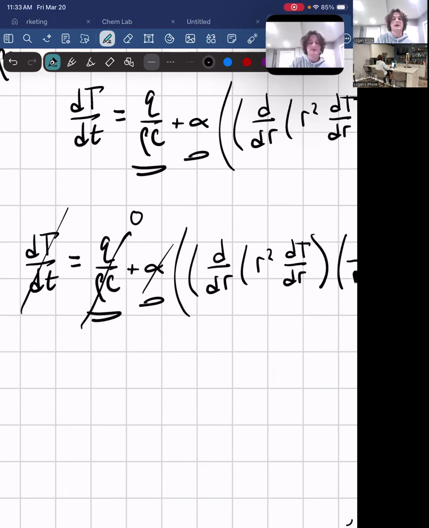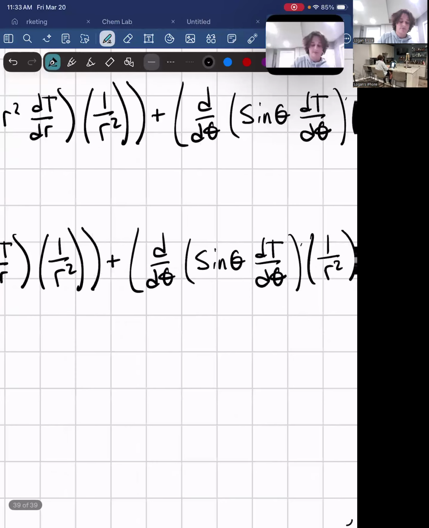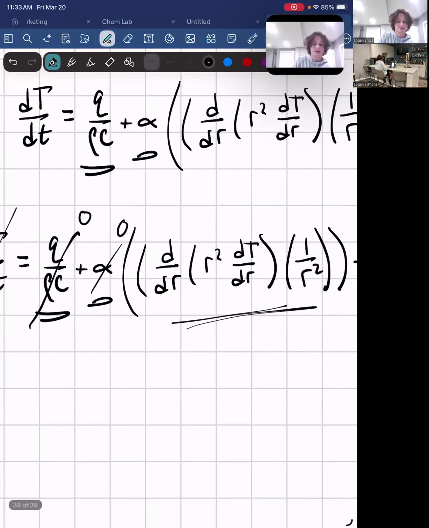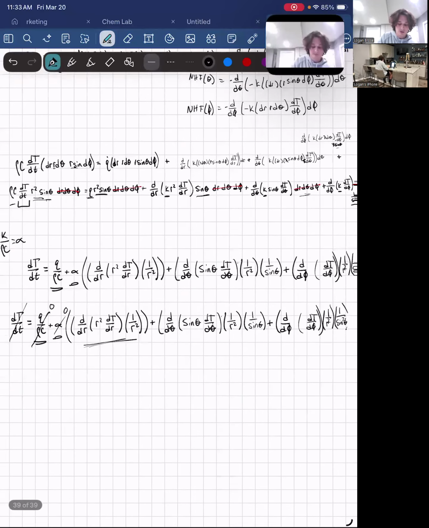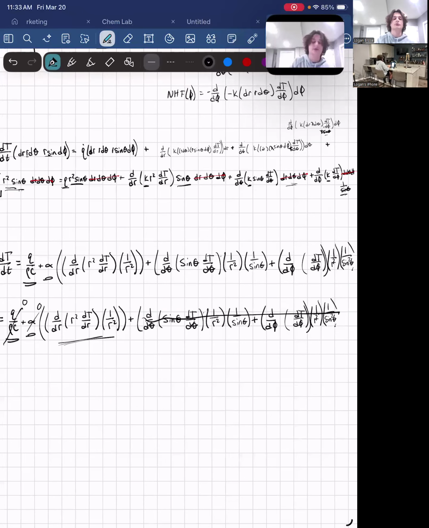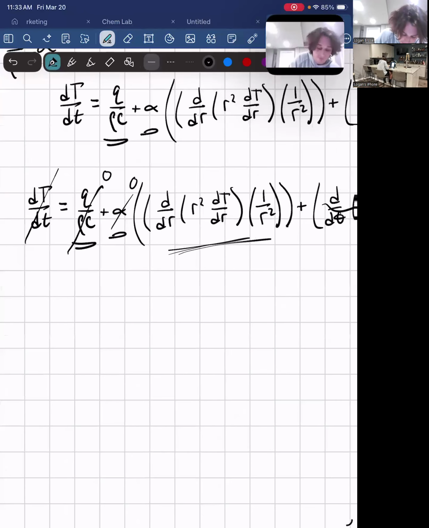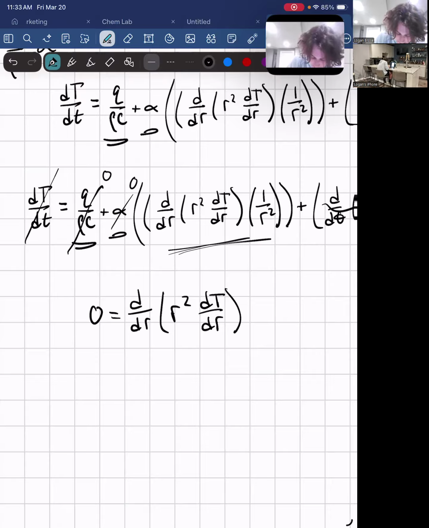Thermal diffusivity is going to be constant. And then focusing on the radial direction, that's this term here, so we can cancel out these other two terms. So what we're left with is 0 equals d dr of r squared dT dr, times 1 over r squared.